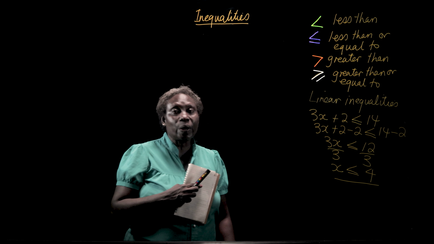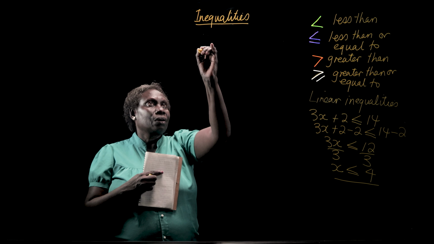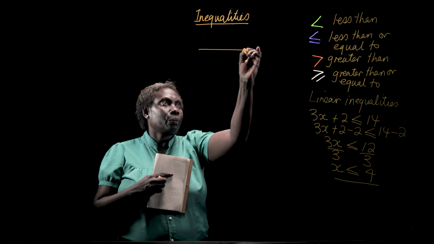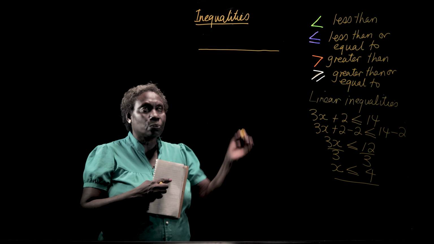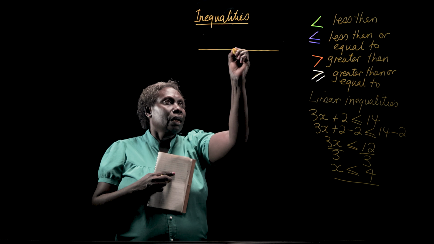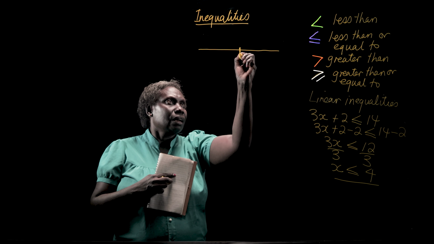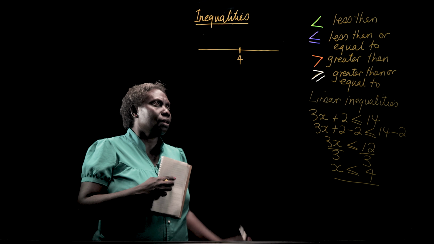How do we show this on a number line? We are all familiar with the number line, which we used when we looked at directed numbers. Let's say I have a number line, and this is where my solution starts.